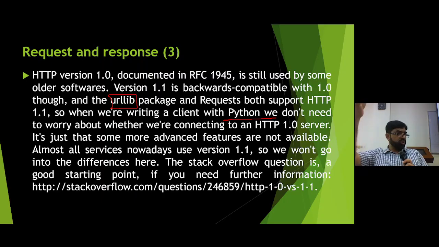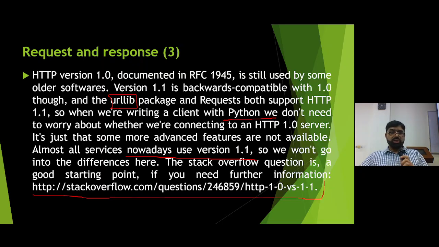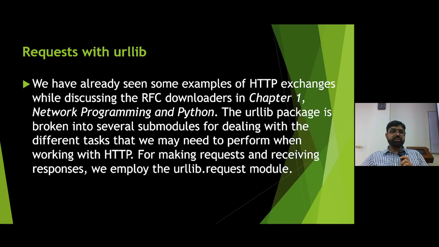If you want to write some code for HTTP 3.0, you can easily get material on the internet and write the code in Python. It's not a big deal. So the version we are using is 1.1. For the differences, you can go to this question on Stack Overflow and read what the differences are. Okay.